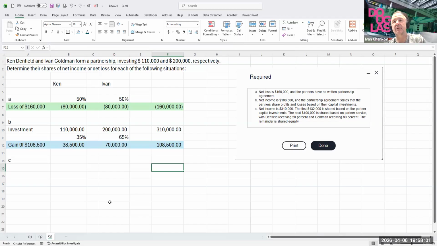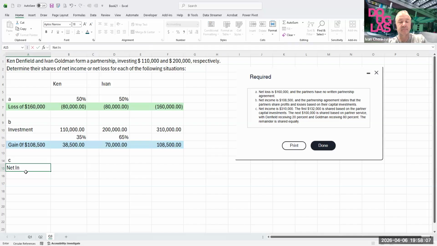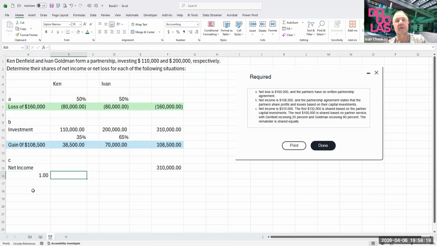Let's put it, we have to allocate net income of 310. And that income is first allocated based on their investment. The first 132 is shared based on their partnership capital investment.